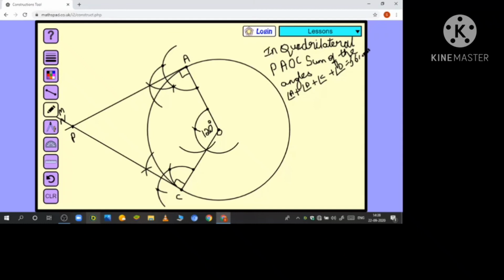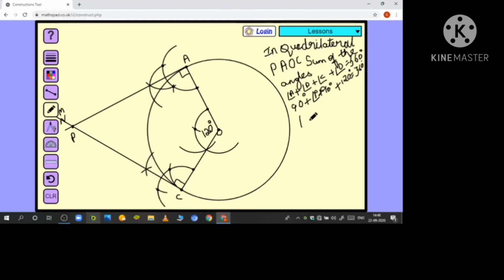By substituting the values of the angles, angle A is 90 degrees because PA is perpendicular to OA, plus angle P, which we don't know, plus angle C is also 90 degrees because PC is perpendicular to OC, plus angle O, which we constructed as 120 degrees, is equal to 360 degrees.